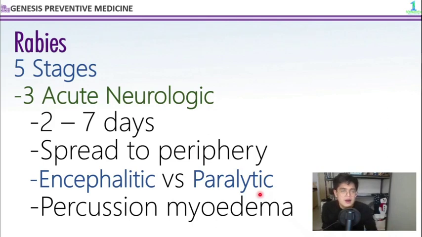I would like to point out a particular symptom called percussion myoedema for the paralytic type. This occurs because of hypotonia of the muscles. So what is percussion myoedema?